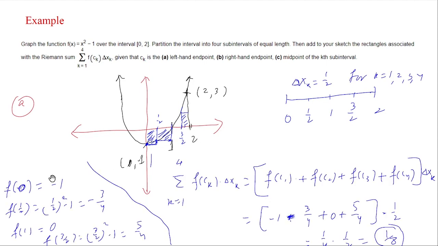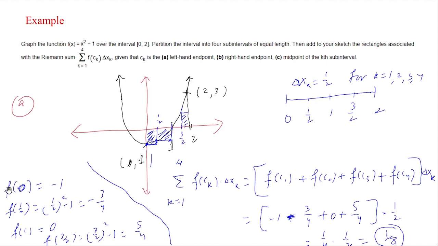So if you would like to find this Riemann sum, which is basically the value of the function at c1, c2, c3 and c4, and this width is always half no matter which k you pick, either 1, 2, 3 or 4, I can keep this delta xk outside. I'm going to just plug in the values of c1, c2, c3 and c4. As you can see, c1 would be 0, c2 would be half, c3 would be 1, and c4 would be 3 over 2.